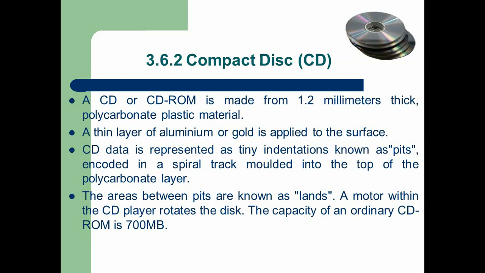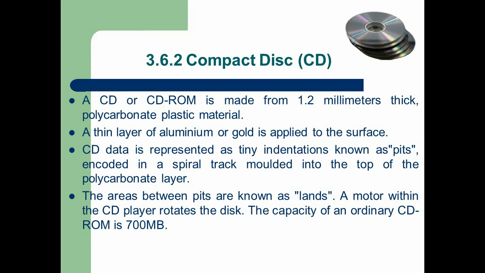When you purchase a new CD, you can see there is no variation on any surface of the disc. The discs are very plain and common. After writing any data onto the CD, you can see some differences between the two layers: the newly formatted layer, that is the written data.